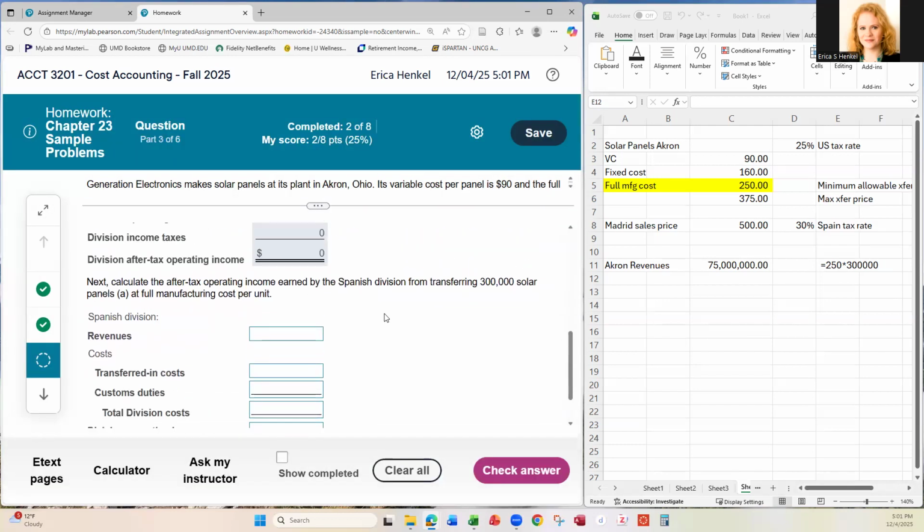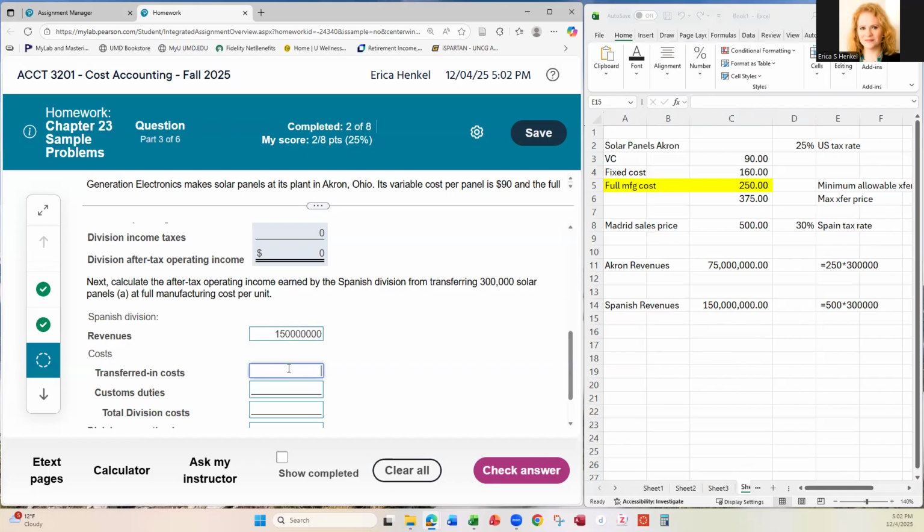Okay, now what is the after-tax operating income earned by the Spanish division if we did it at that cost? Well, the Spanish unit is going to sell these at their price of $500. So that's going to be 500 times the 300,000, so 150 million.